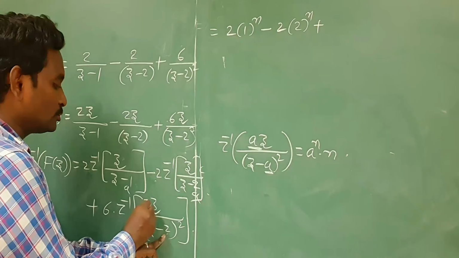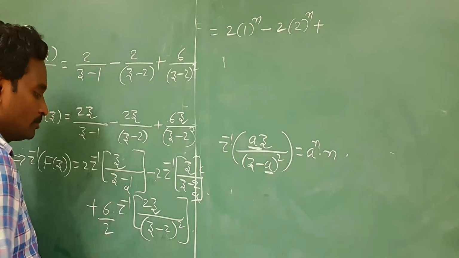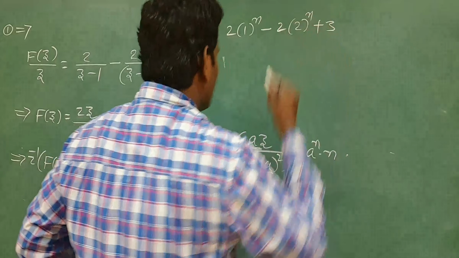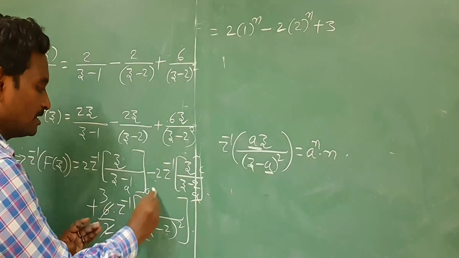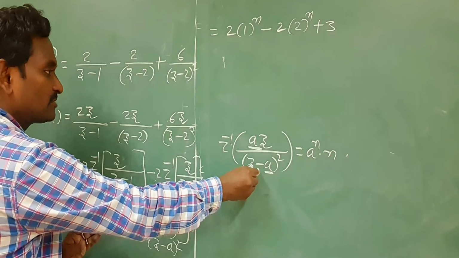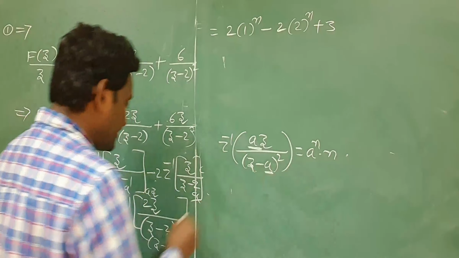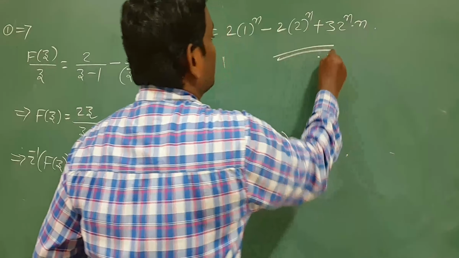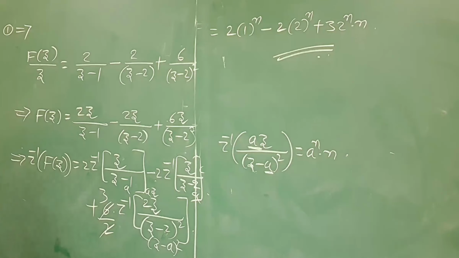If you multiply with 2, we have to divide with 2. So this 2 gets cancelled, 3 times. So plus 3 into, what is z inverse of az by z minus a whole square? According to this formula, it is a power n into n. What is a value? 2. So 2 power n into n. In this way, we can complete the problem.